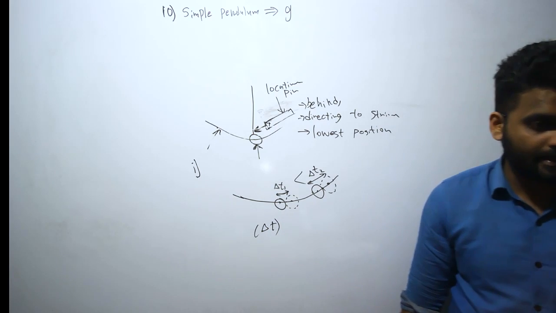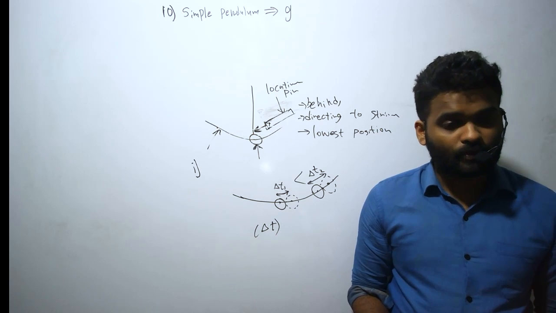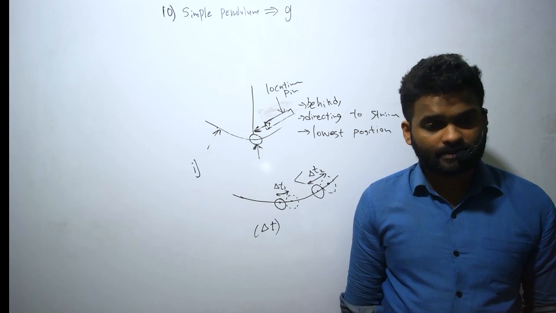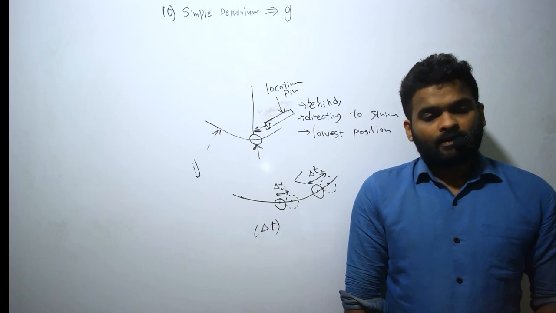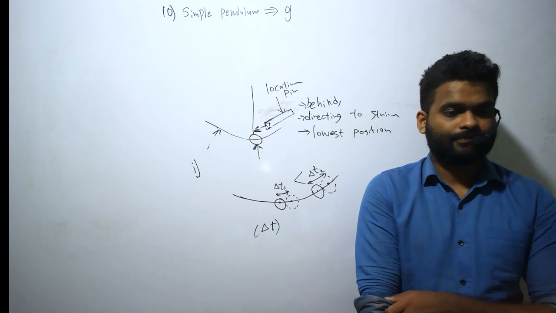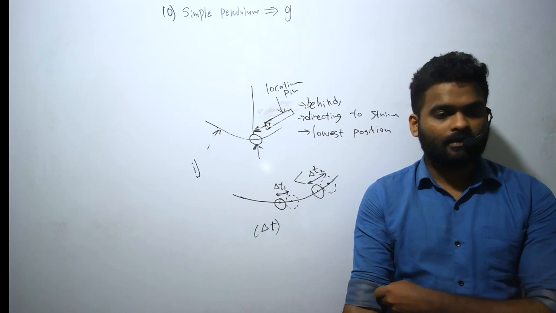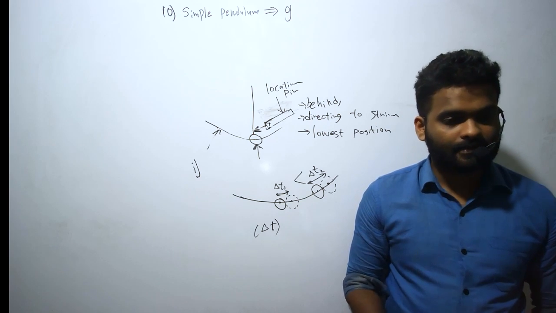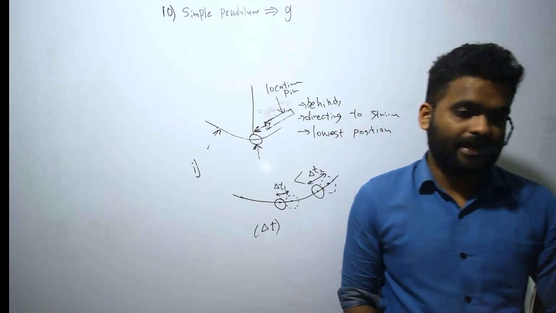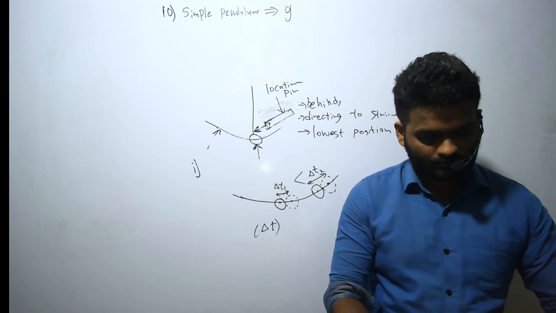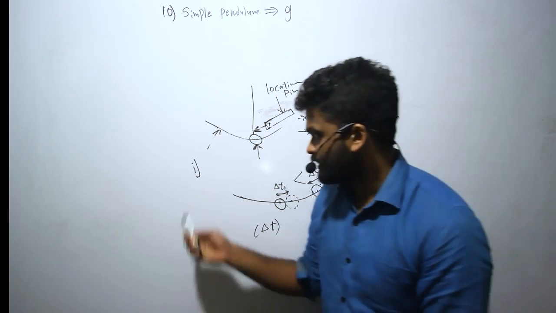Error due to uncertainty is smallest at the highest speed. Okay, so that's the first one.